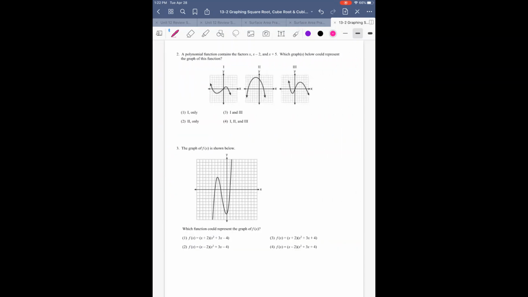Question number 2. A polynomial function contains the factors x, x minus 2, and x plus 5. Which graph or graphs could represent the graph of the function? So we're going to use these factors to find the roots of the function.